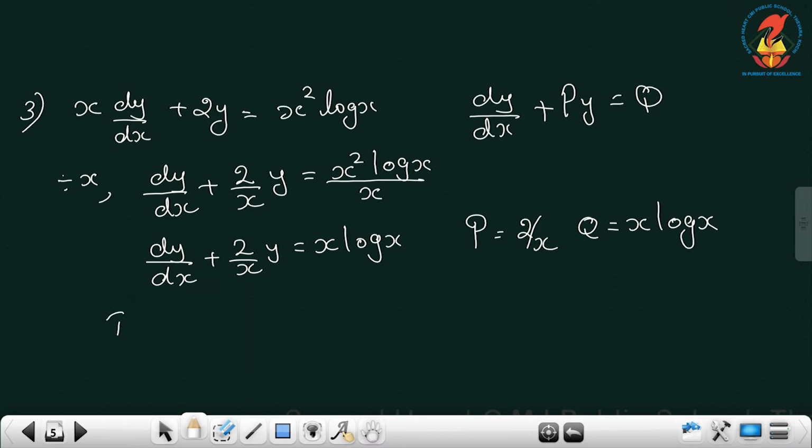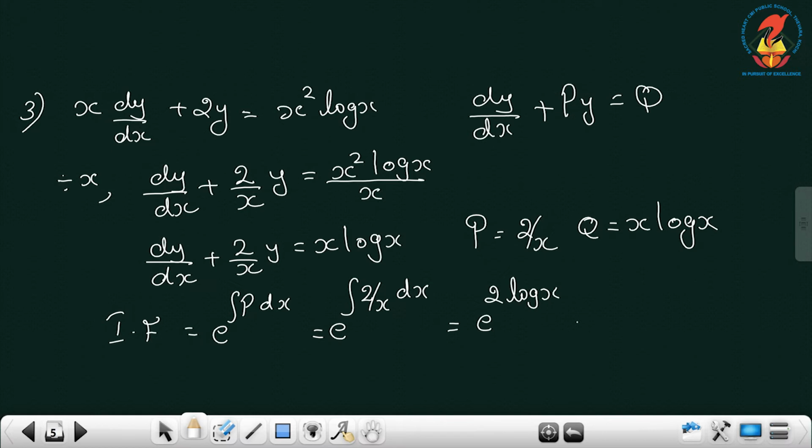Now the integrating factor is e raised to integral P dx, that is e raised to integral 2 by x dx. That is e raised to 2, a constant, taken out, 1 by x integral is log x. Then after that you have to write log x square.